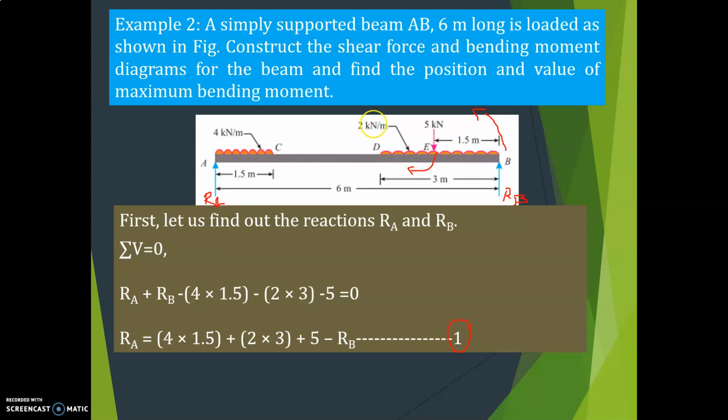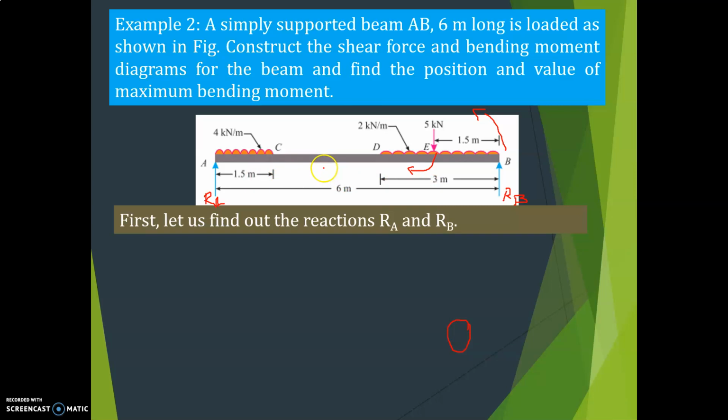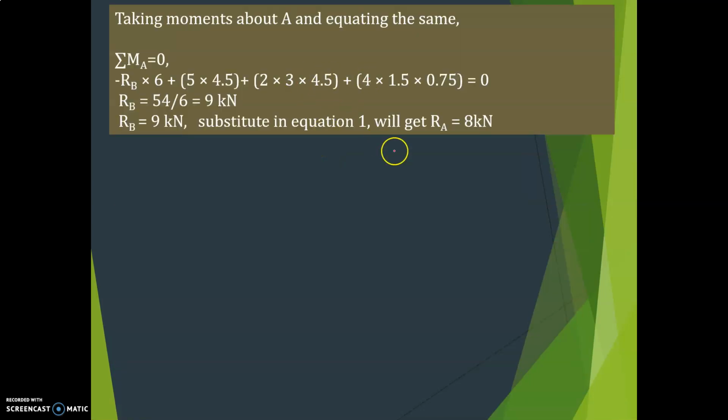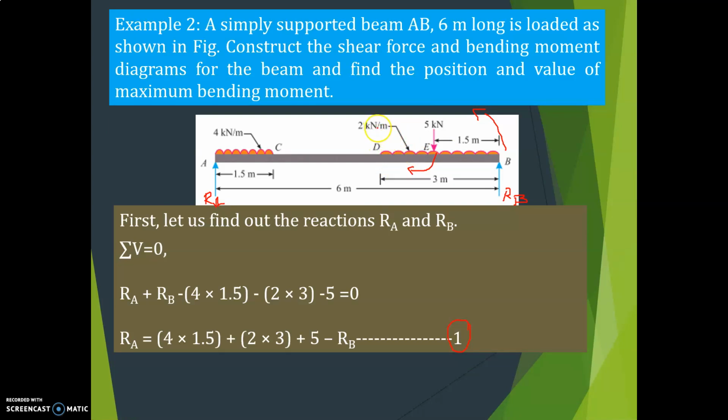Next, this UDL is 2 kilonewton per meter. 2 into 3. First you have to convert it into a load. Force into perpendicular distance, taking about A. So 2 into 3 into half of the distance 3, that is again 1.5, plus this distance 1.5, plus 1.5. Totally it becomes 4.5.